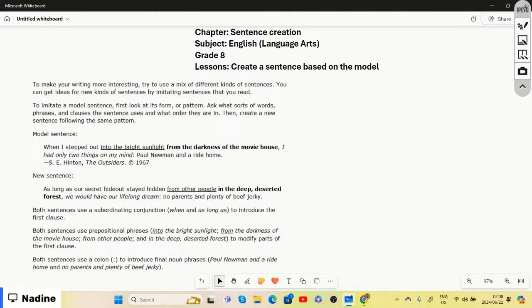You need to ask yourself what sort of words, phrases, and clauses the sentence uses and what order they are in. Then you need to create your new sentence following that same specific pattern.